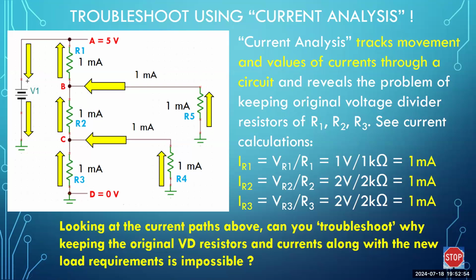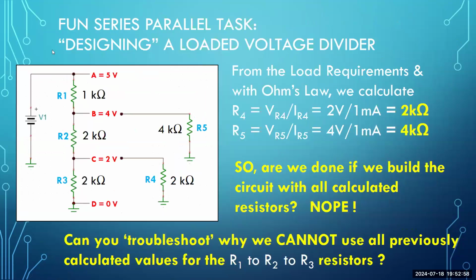If we keep from the previous slide, previous calculation, 1 k ohm, 2 k ohms, and 2 k ohms, and from previous analysis, we had 1 volt across R1, 2 volts across R2, and 2 volts across R3. Those were what was necessary to set up the red voltages at those points with respect to ground.